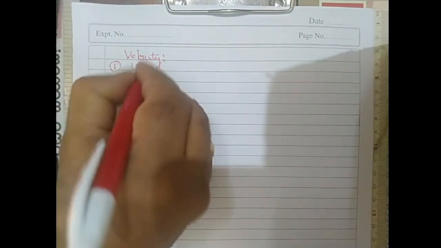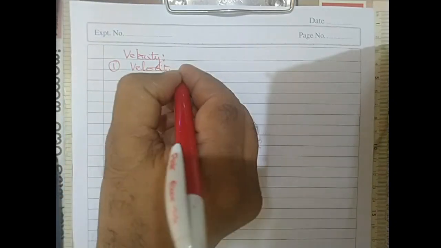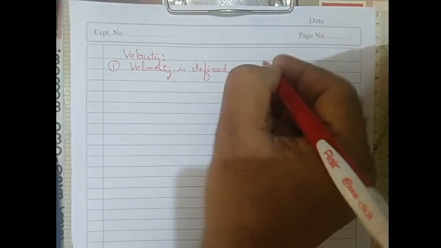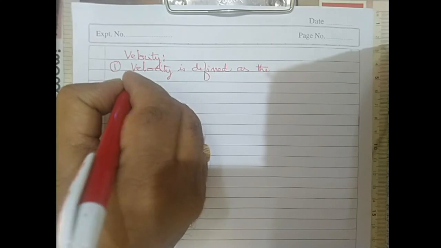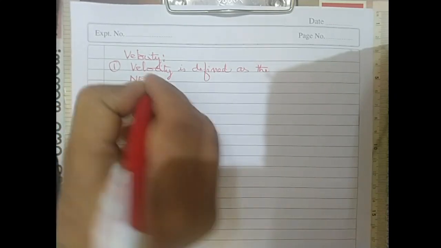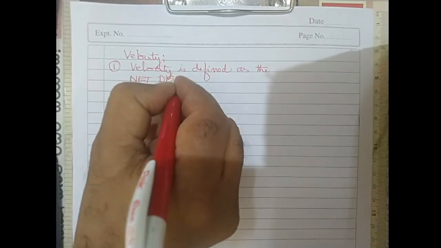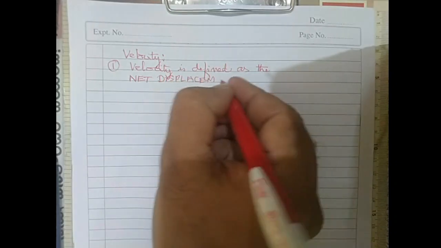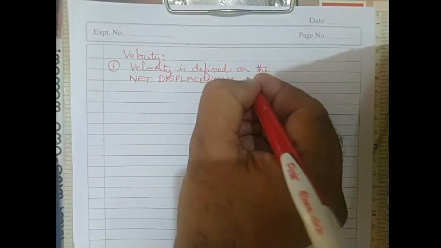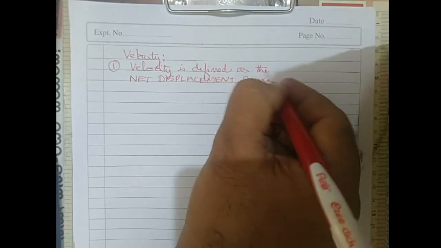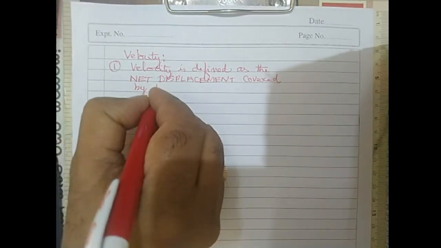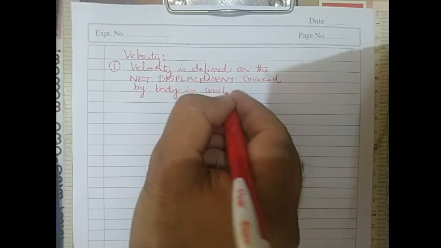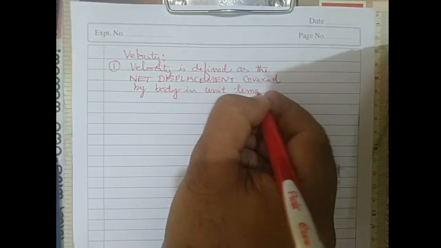Velocity is defined as the net displacement covered by a body in unit time.